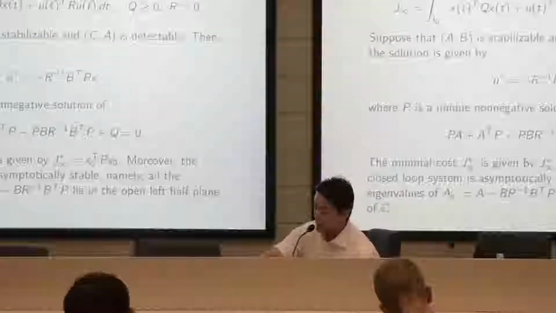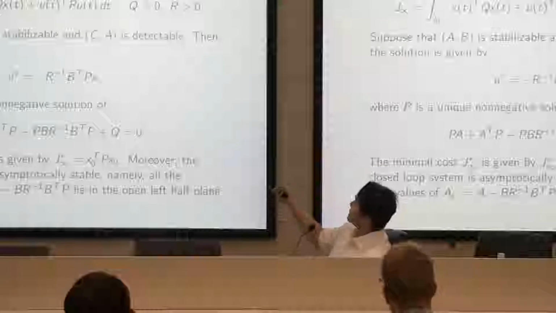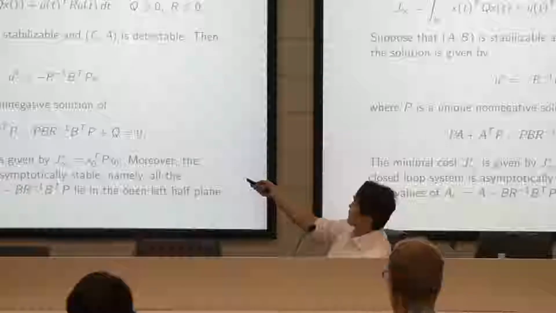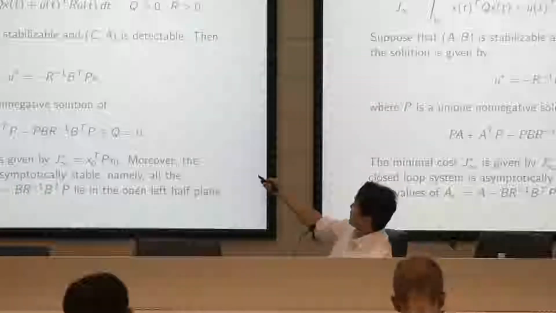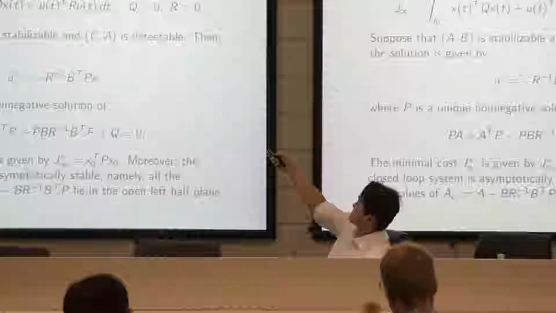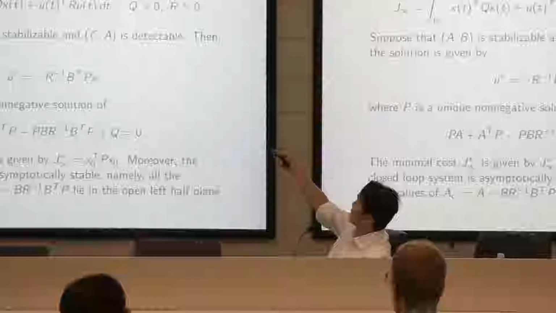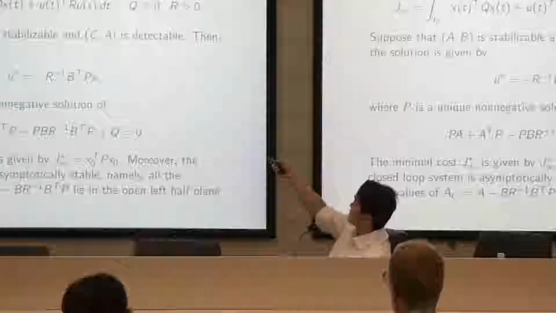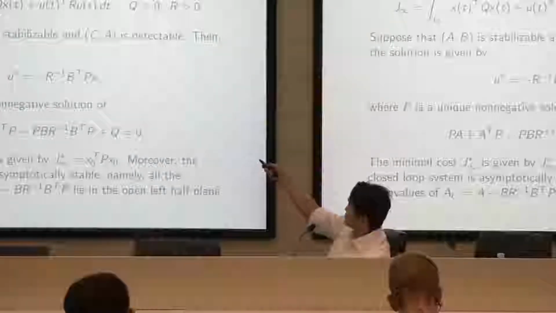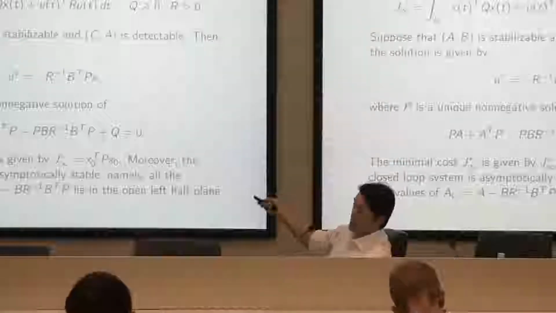And this Q and R are symmetric, positive semi-definite, and positive definite. And the conditions imposed on our system are like this. (A, B) is stabilizable. Okay, this C is different. (Q, A) is detectable. If Q is written as a product C star times C, then (C, A) is detectable, or (Q, A) is detectable. Then the solution for this optimal control problem is given by this feedback input.